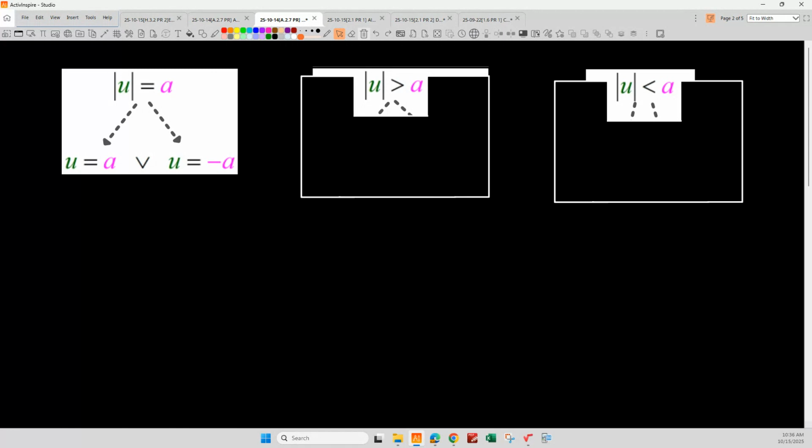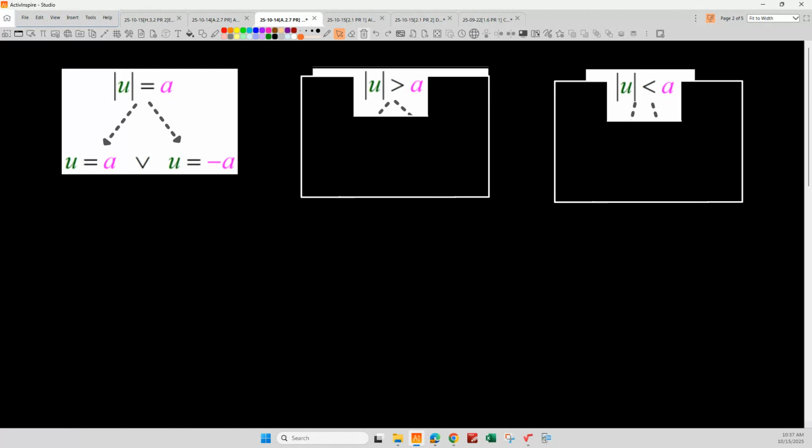So if I've got some positive value of A that's going to be an endpoint, I want all the values to the right of that. I want to have the right oar on the boat, the one that starts at some positive value and goes to the right from there. So I want values of U that are greater than, meaning to the right of, positive A. Or over on the left, I've got some negative value of A, some negative number, and I want the values to the left of that.